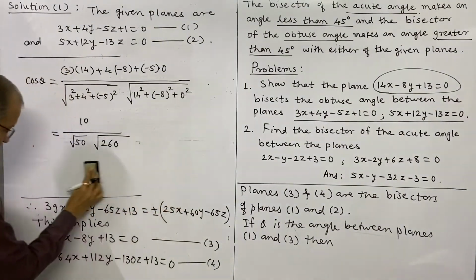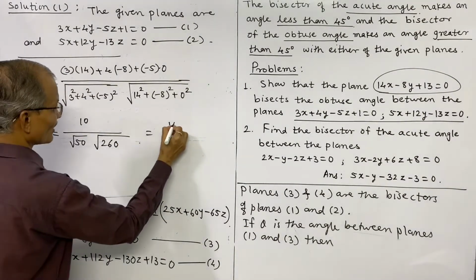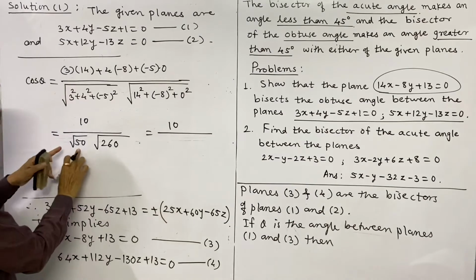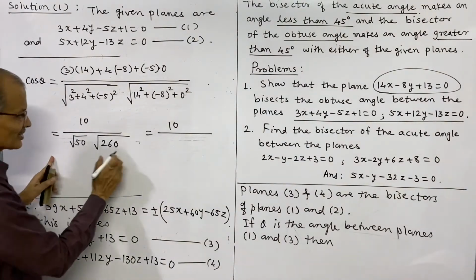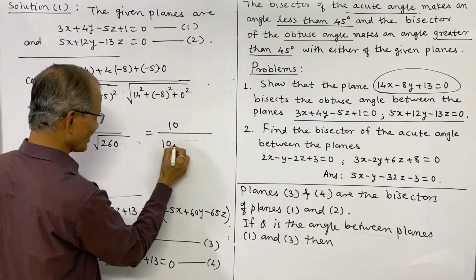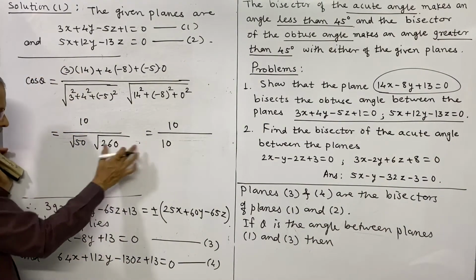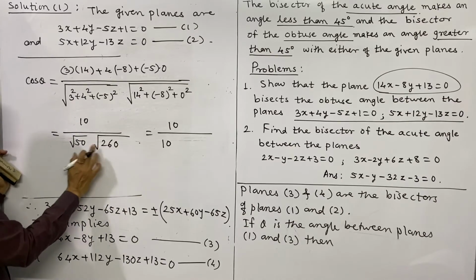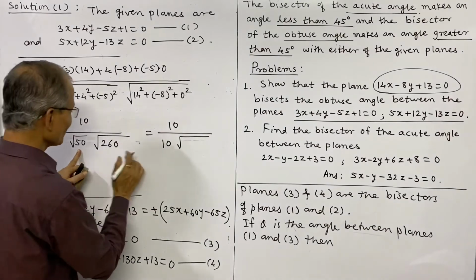We can write it as 10 divided by root 10 into root 10, which is again 10, root of 100 is 10, and what remains is 5 into 26, which I shall write under root.